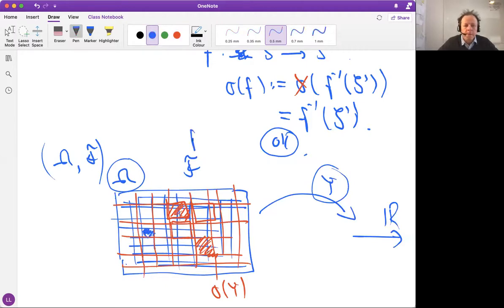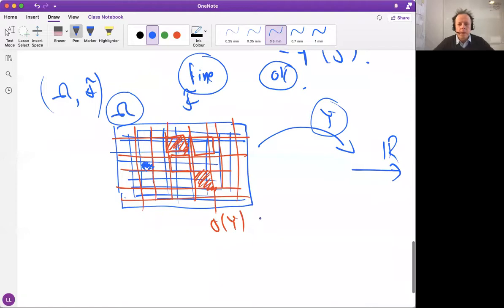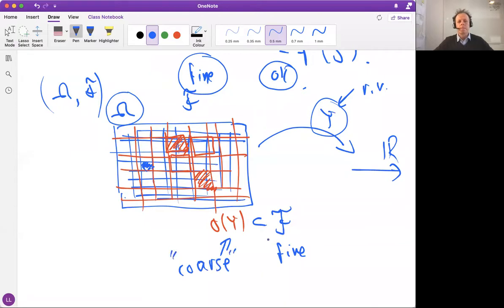So this would be a fine collection. If y is a random variable, then we have this space F, which is fine, and this sigma y is what we are calling coarse, as kind of a grid.